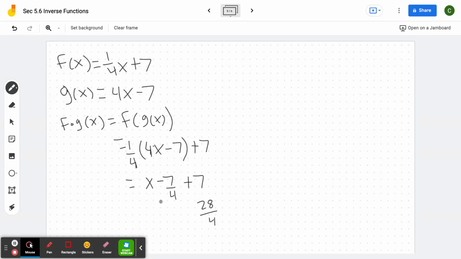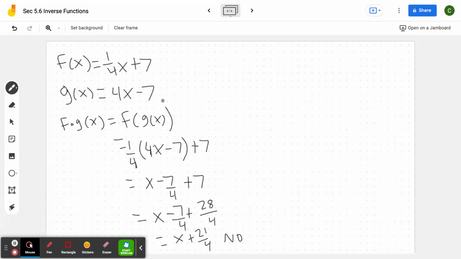And I get 28/4 plus -7/4. When I add these two together, I get x plus 21/4. So these do not cancel out, and I do not get x by itself. So this is no, it's not inverse.